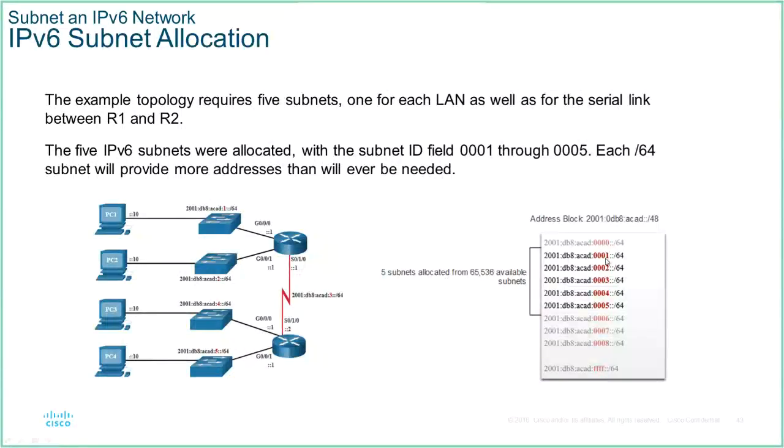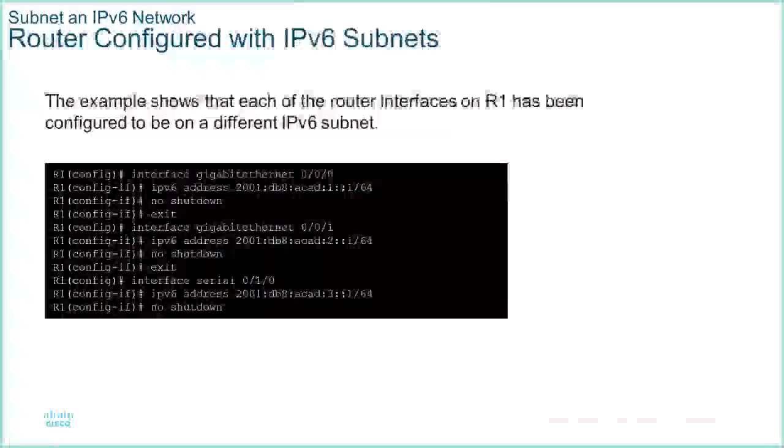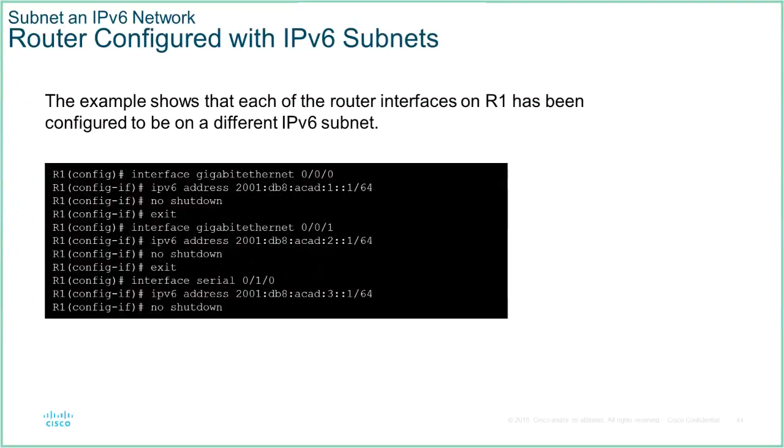So you would take 1, 2, 3, 4, 5, 6, 7, 8, however many you need. And how do you configure it? Well, you go to each interface, type in the IPv6 address, no shut it, move to the next one, rinse and repeat for all your interfaces.